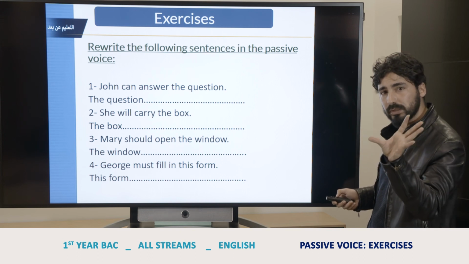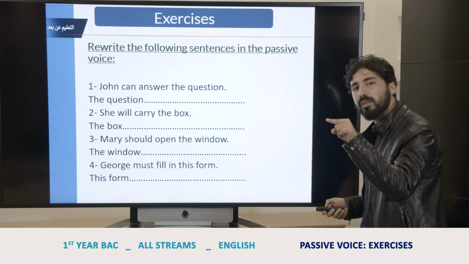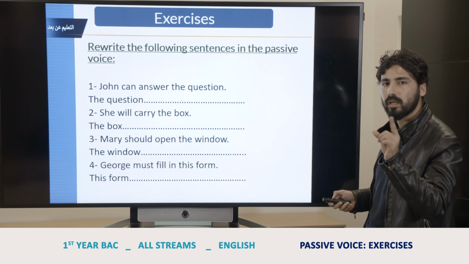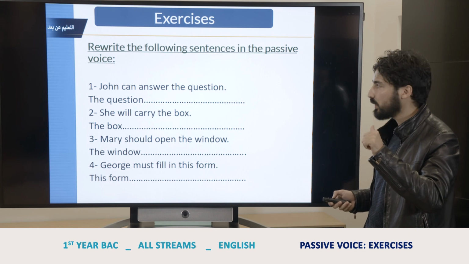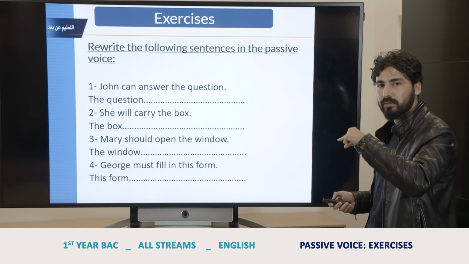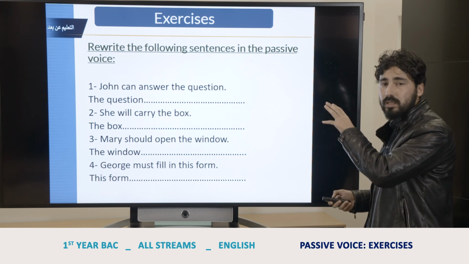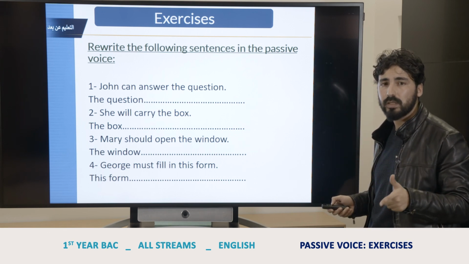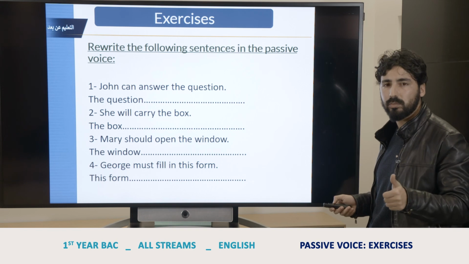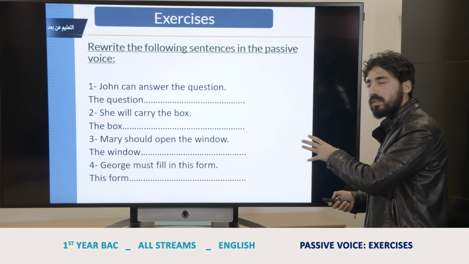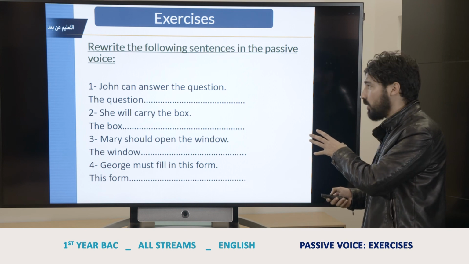It's also the modal verb plus be in the infinitive. So the question can be. What is the verb there? Answer, in the past participle again, it's answered, ed, because it's regular. The question can be answered by John.